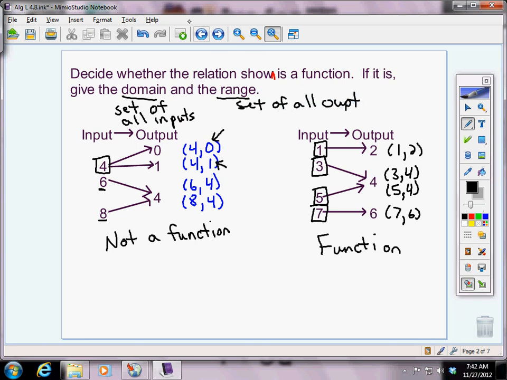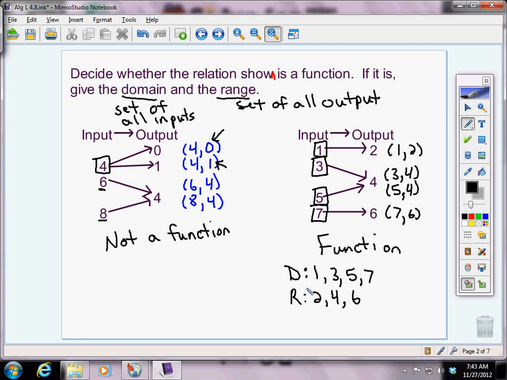When we write these, you write them without repeats and in order. So it says if it's a function, give the domain and range. Well, the domain for this function here is just 1, 3, 5, and 7. It's just all of our inputs. Our range is just all of our outputs: 2, 4, and 6. That's it.